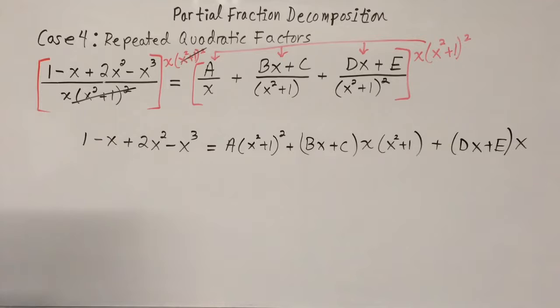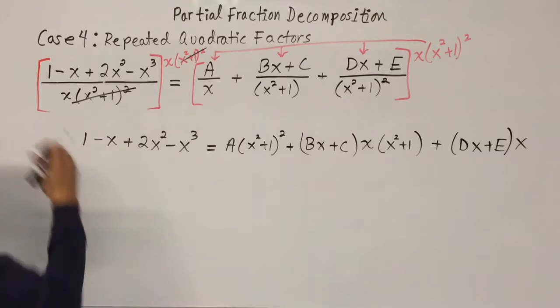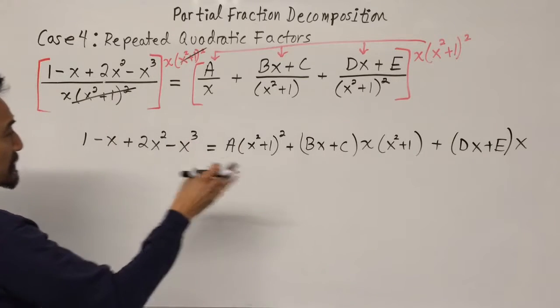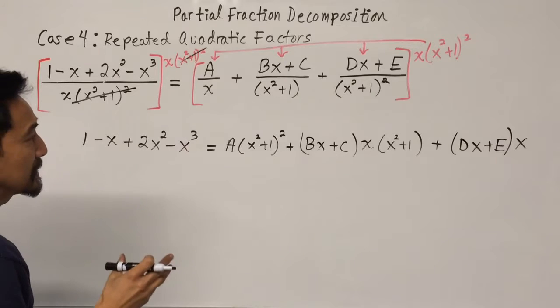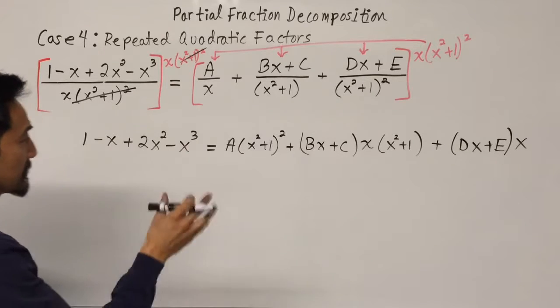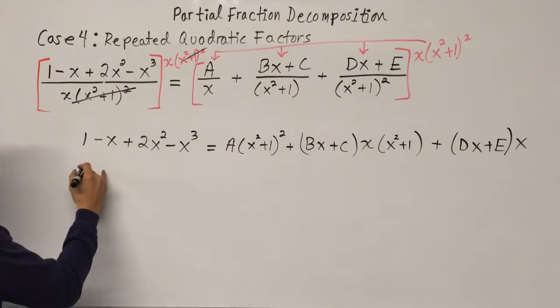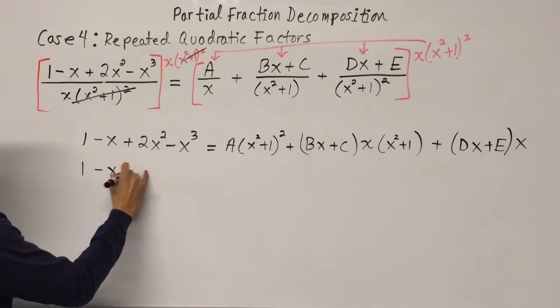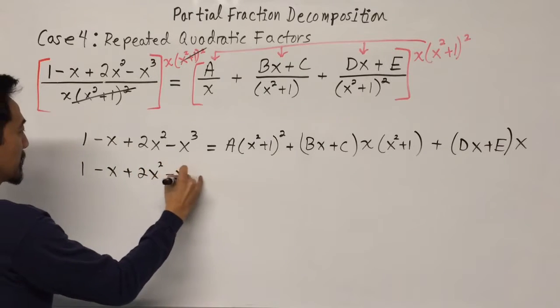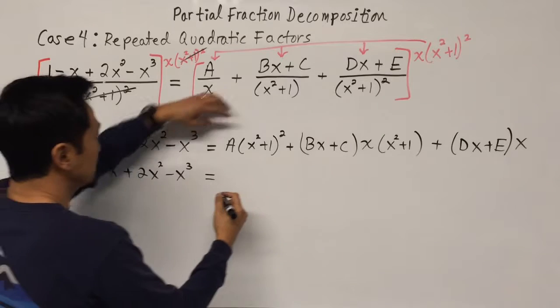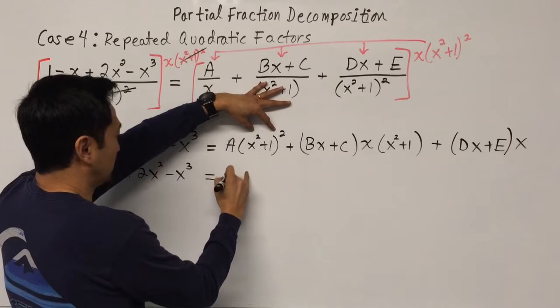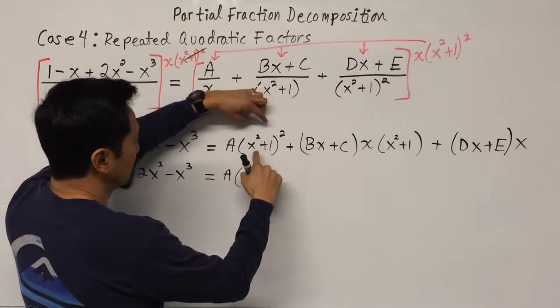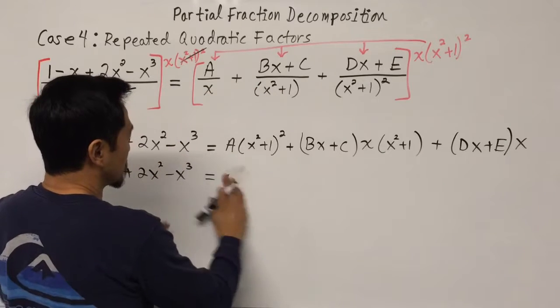Okay, now we're going to use a combination of the convenience method and the method of undetermined coefficients. So anticipating that, I'm going to multiply the right side out, and I'm going to end up with what? A times, well, here, let me do this.